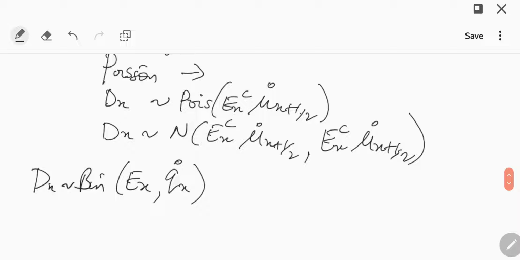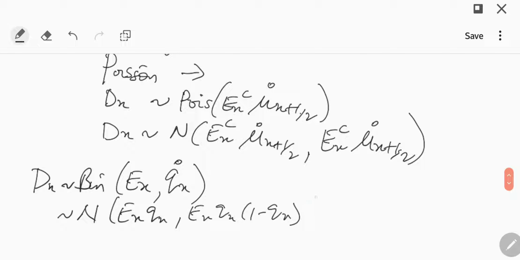Or when ex is very, very large, then I'm assuming it will follow a normal distribution with a mean of ex qx and variance of ex qx (1 minus qx), a graduated rate.